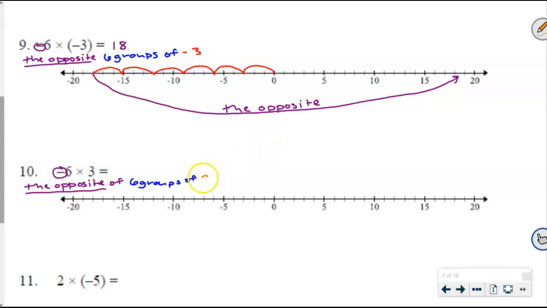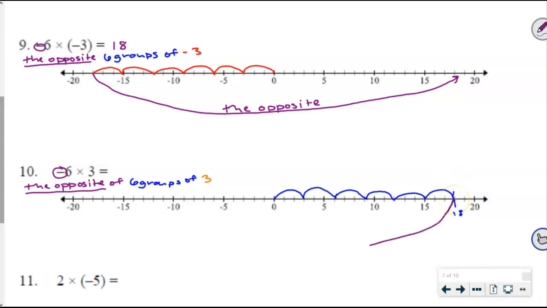Modeling 6 groups of 3, 3, 6, 9, 12, 15, and 18. There's my 6 groups of 3 at 18, but now I need to go to its opposite.